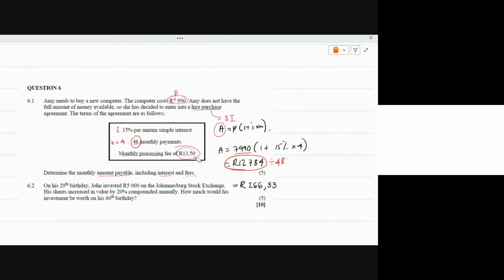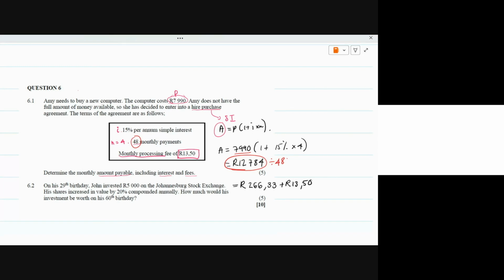But don't forget, guys, that they also tell you that every month you must pay a monthly processing fee of 13 Rand 50. So we must now take this amount and add to it the monthly processing fee of 13 Rand 50. And that will give us the answer that we're looking for.